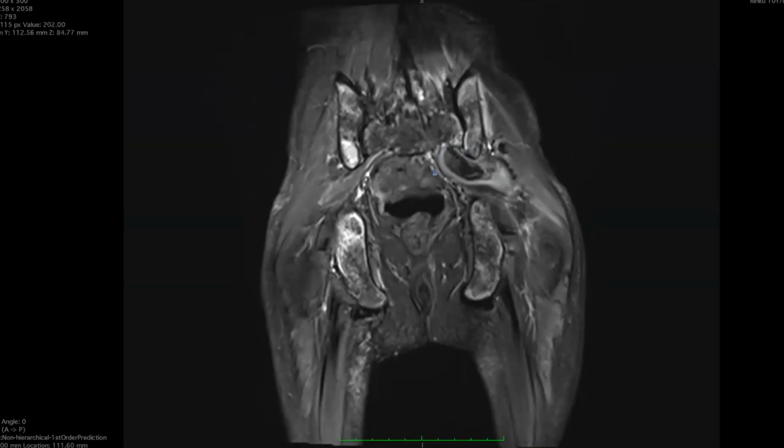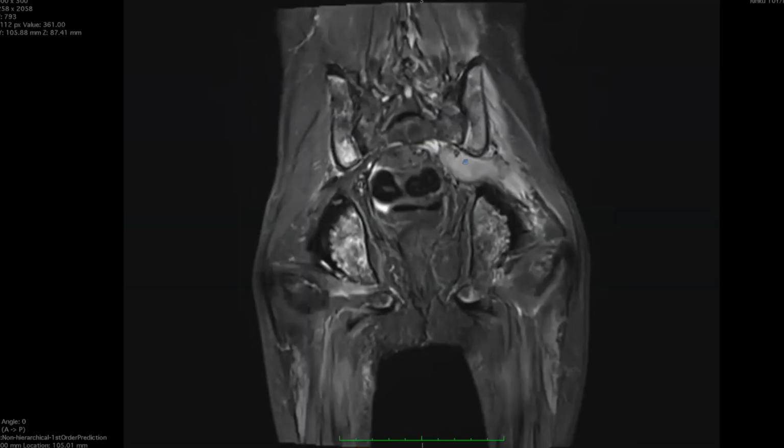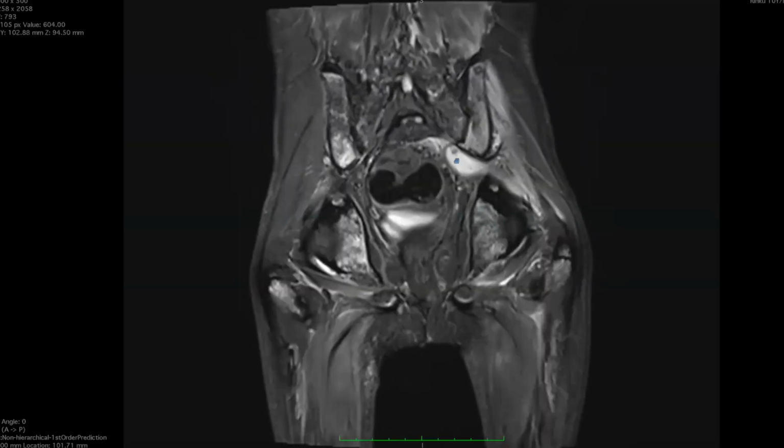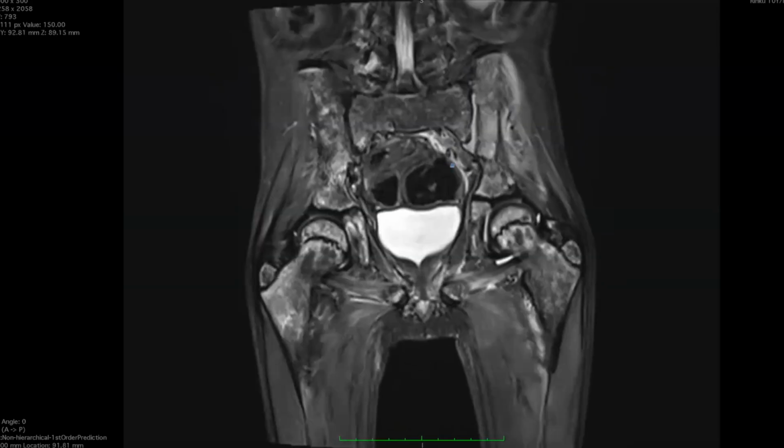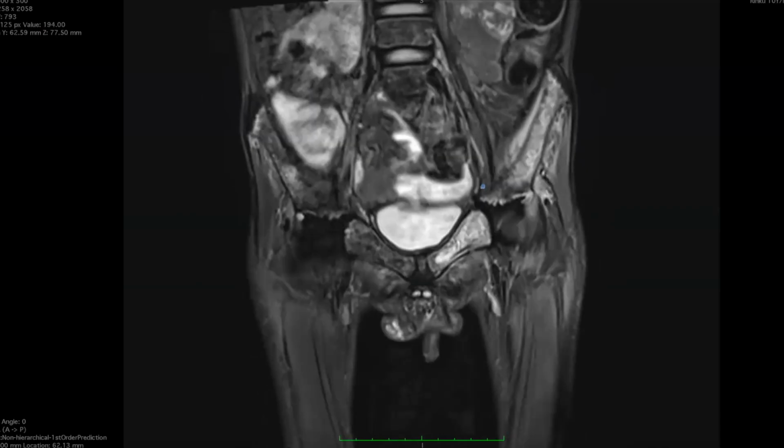There is diffuse bulkiness and hyperintensity in the left piriformis muscle. There is a fluid-intensity collection, which is also showing some hypointense areas within. Also you will notice that there is some asymmetric hyperintensity on the left side as compared to the right side of the iliac bone.